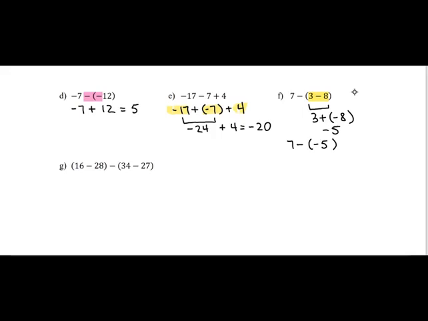Now I have a double negative. The double negative turns into an addition. So I have 7 plus 5, and I can add these two numbers and get 12. So the answer to part F, 7 minus open parentheses, 3 minus 8, close parentheses, is 12.